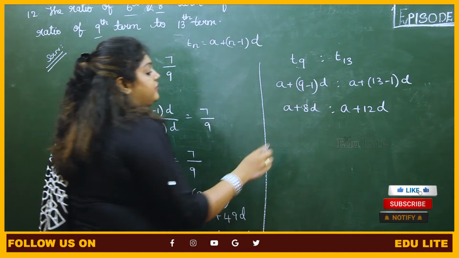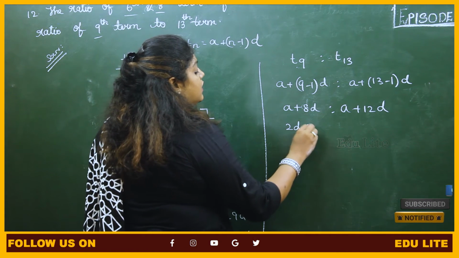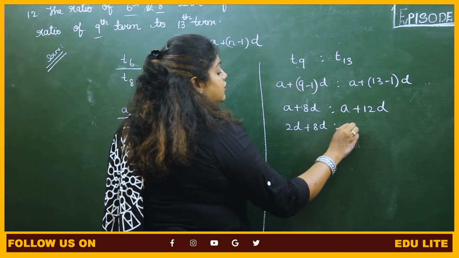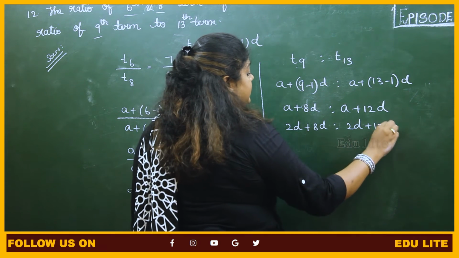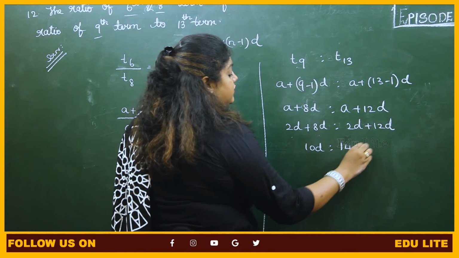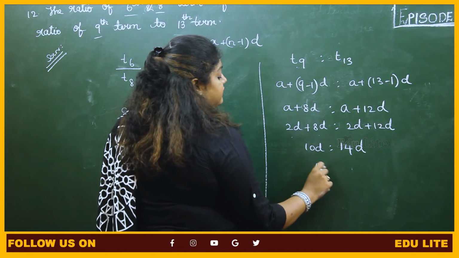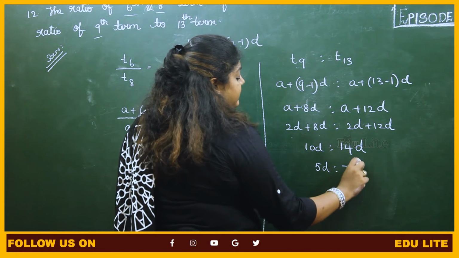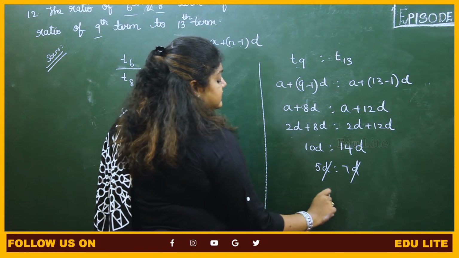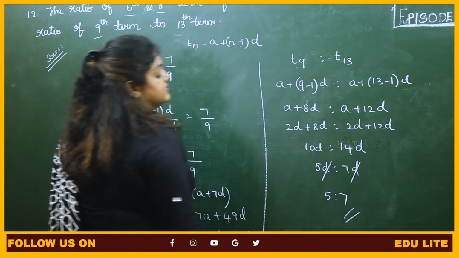We know the value of a is 2d. Substituting it, 2d plus 8d, 2d plus 12d. Therefore, this becomes 10d, 14d. Cancelling the common factor 2, it becomes 5d is to 7d. d and d will get cancelled. The ratio of the 9th to the 13th term is 5:7.